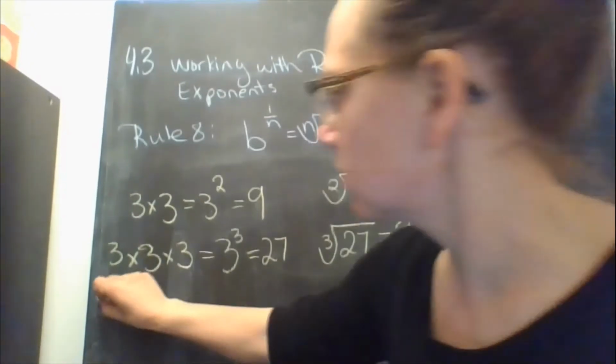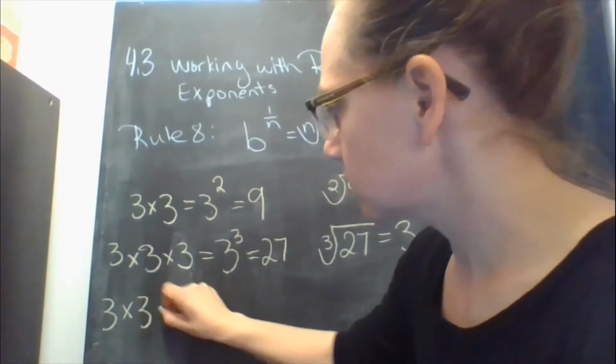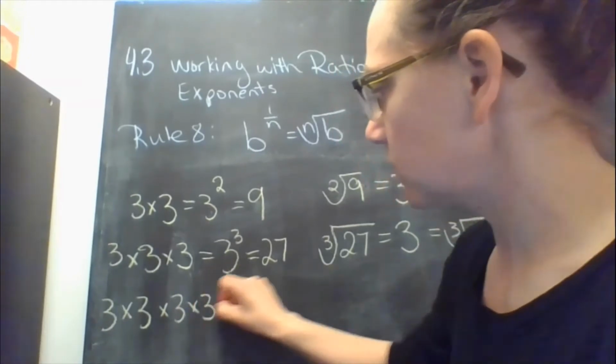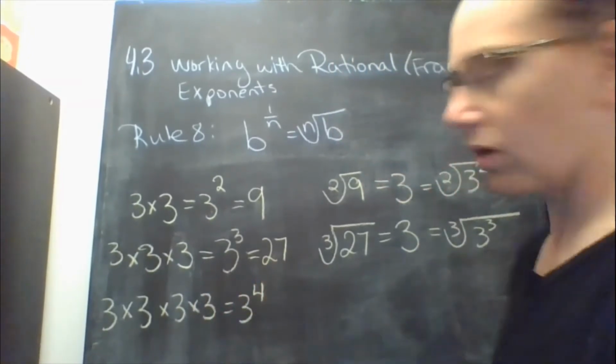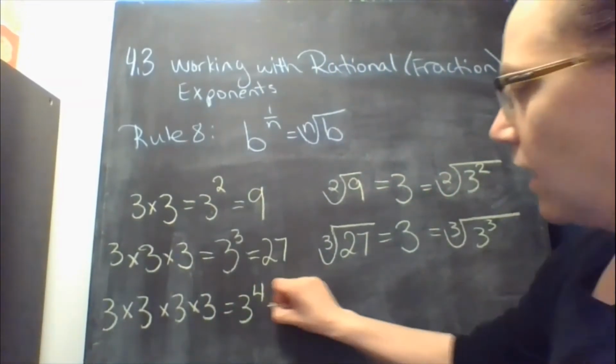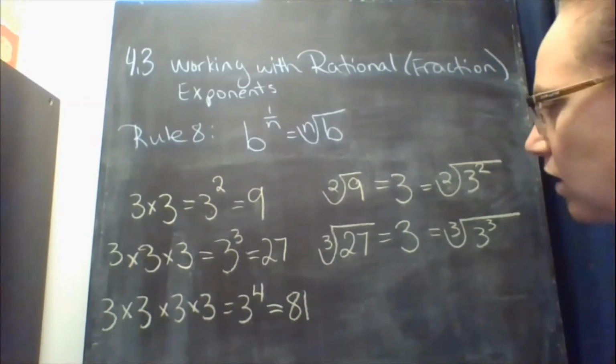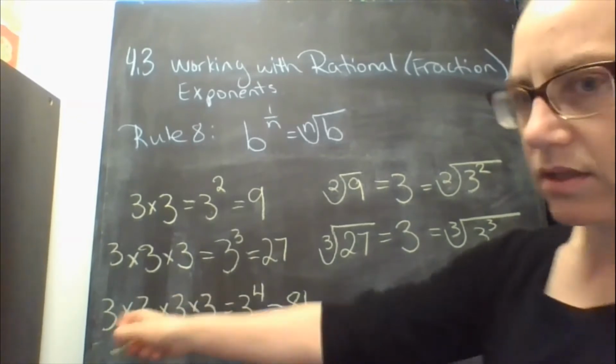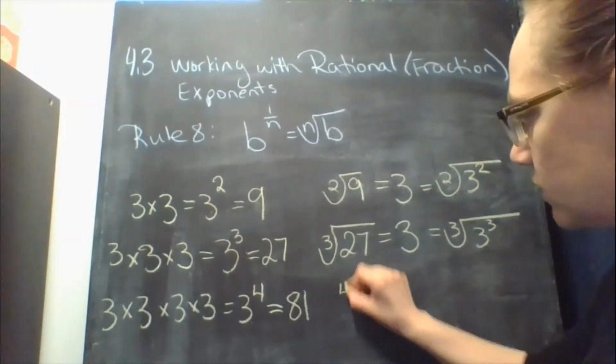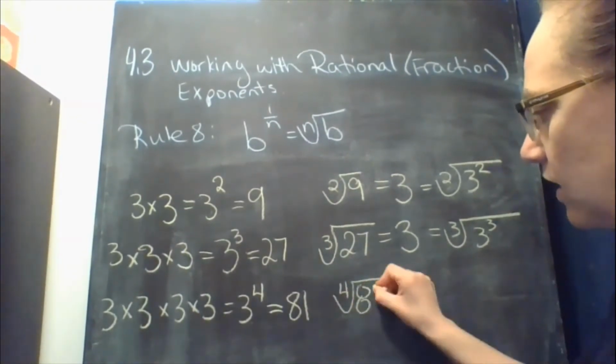Let's try another one. 3 times 3 times 3 times 3. That gives me 3 to the 4th, and 3 to the exponent 4 is 81. Now if I want to undo what I just did there, I would be saying, what is the 4th root of 81?